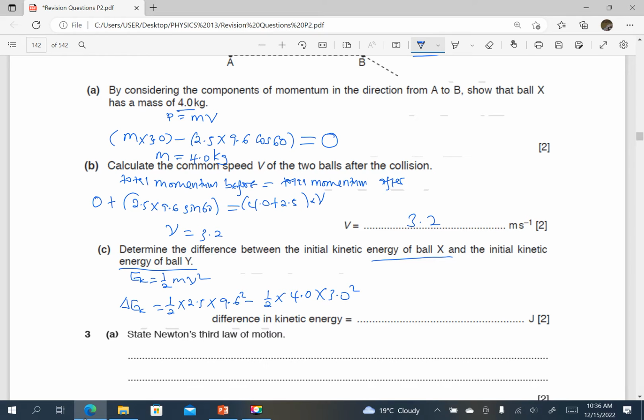So I'm checking my calculator. From my calculator, the difference is approximately 97 joules.